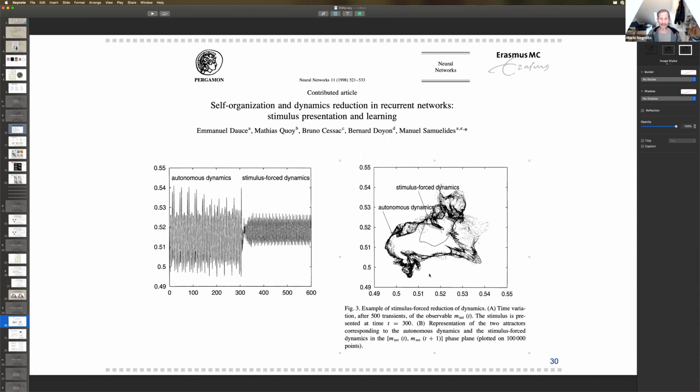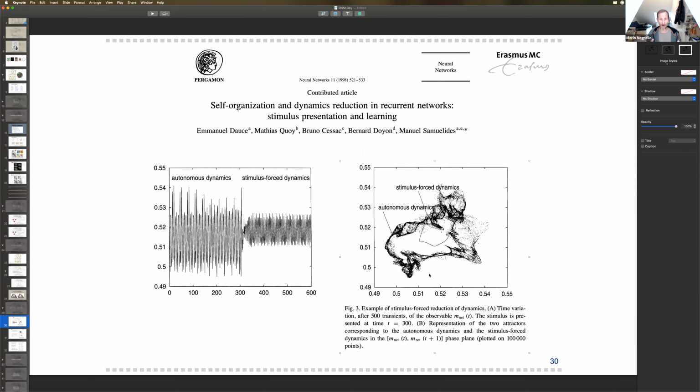And that subset doesn't seem random at all. It seems like it has structure. That multidimensional attractor of the 500-neuron network that is acting spontaneously has the activities falling within only one subvolume of the entire space.